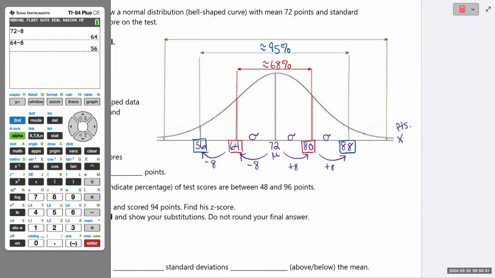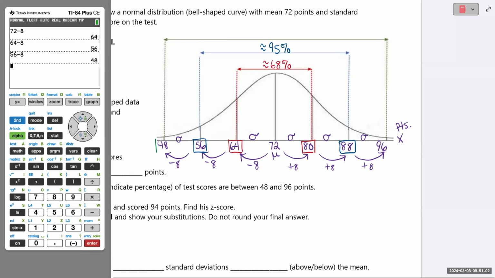All right, one more time here. We're going to go another standard deviation from the mean. So we'll go above the mean, add another 8. That brings me to a 96 point. And then subtract another standard deviation. And 56 minus 8 is 48.